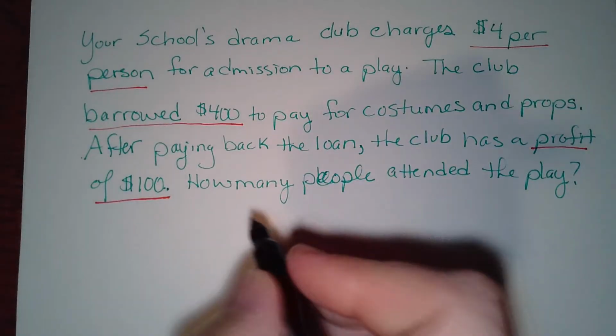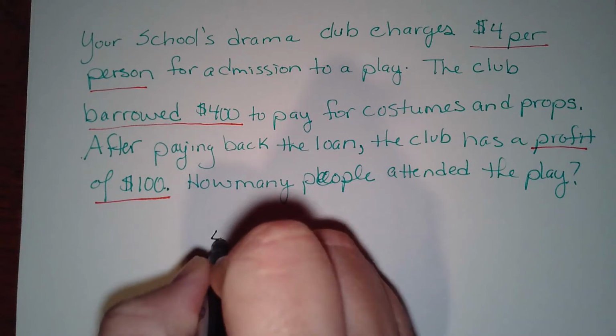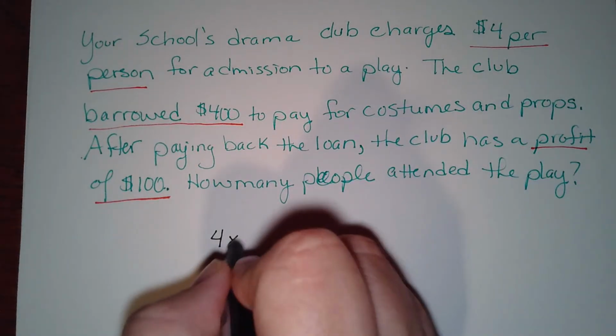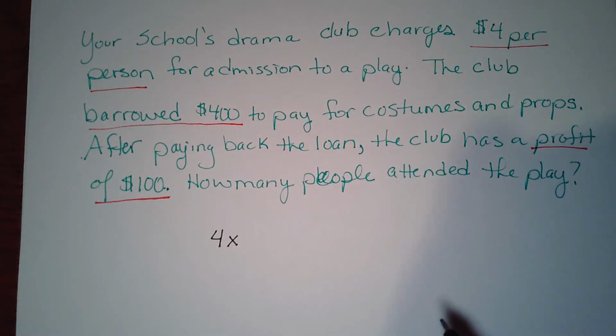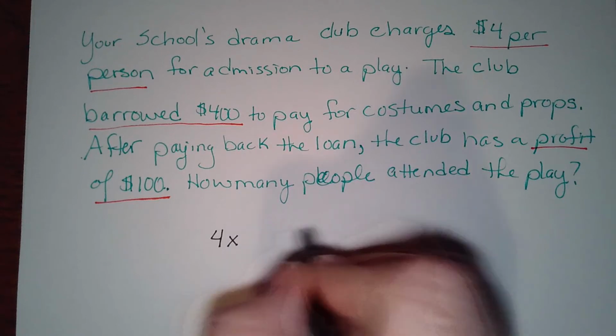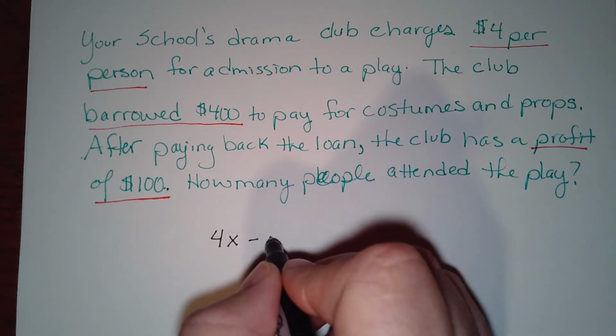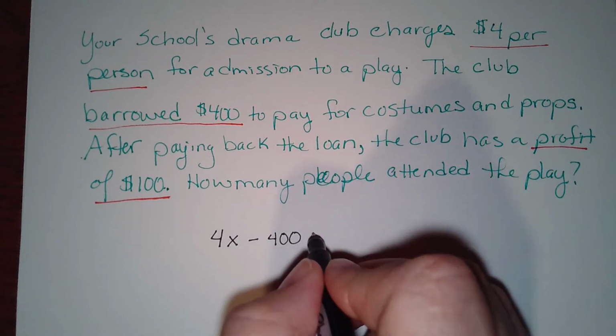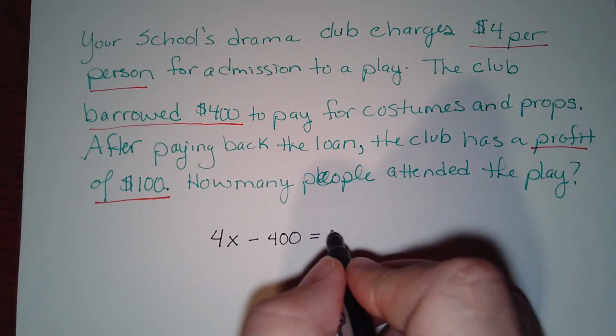We know it costs $4 per person, and we don't know how many people attended, so we're going to call that 4x. Now, before we can look at the full profit, we know that we're going to have the loan amount, so it's going to be $400 off however much they made to give us the profit, and the profit here was $100.